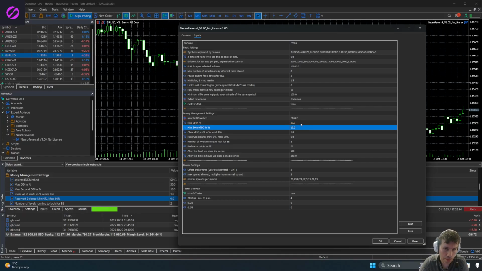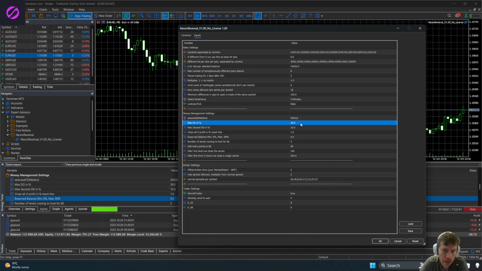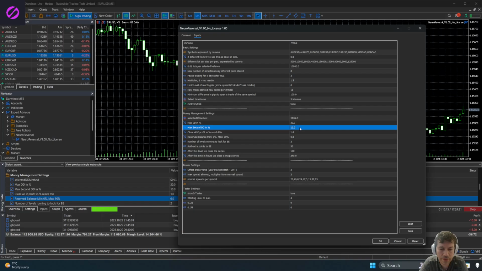That means if we have one symbol which is currently at 15% drawdown, if a second symbol reaches 10%, we will close all trades for that symbol, so we don't accumulate too many drawdowns between symbols.